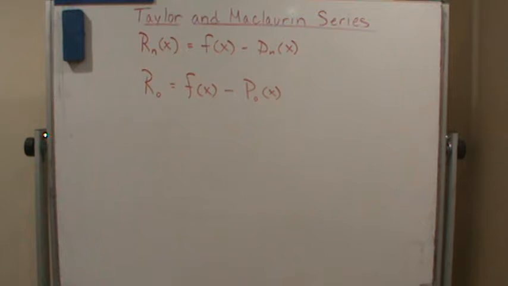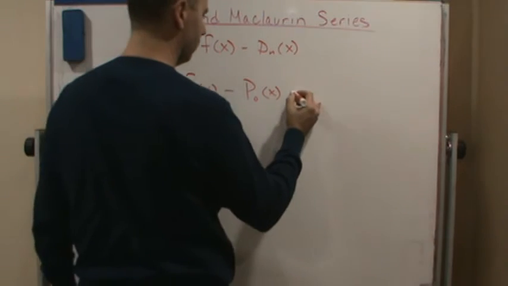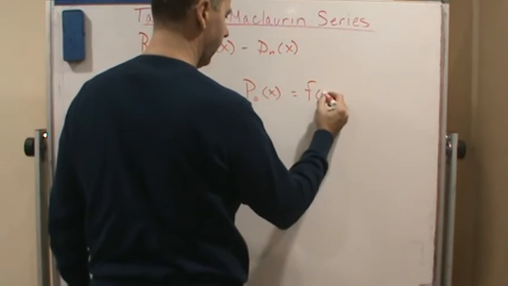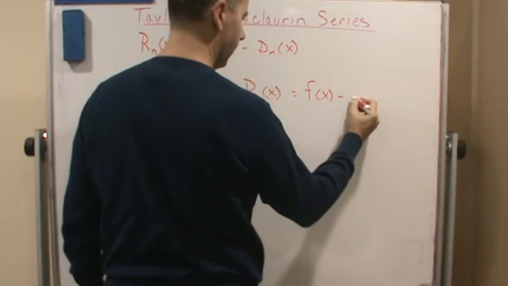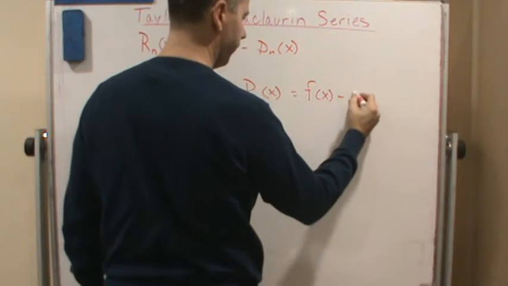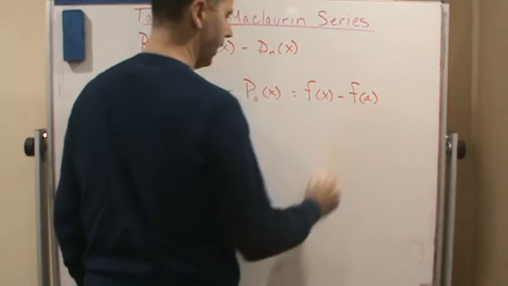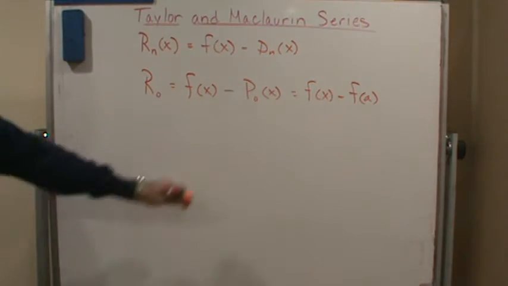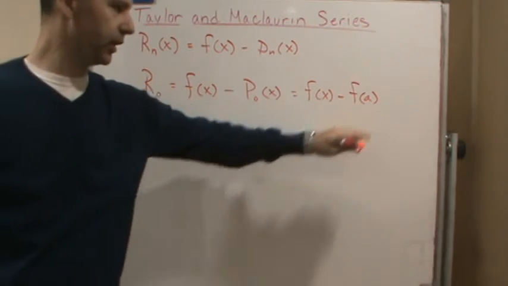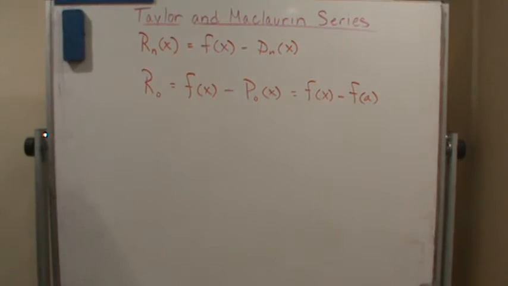And p0 represents the 0th Taylor polynomial at a for a function f. And so this is going to equal f of x minus f of a, right? Because the zeroth Taylor polynomial is just f of a.